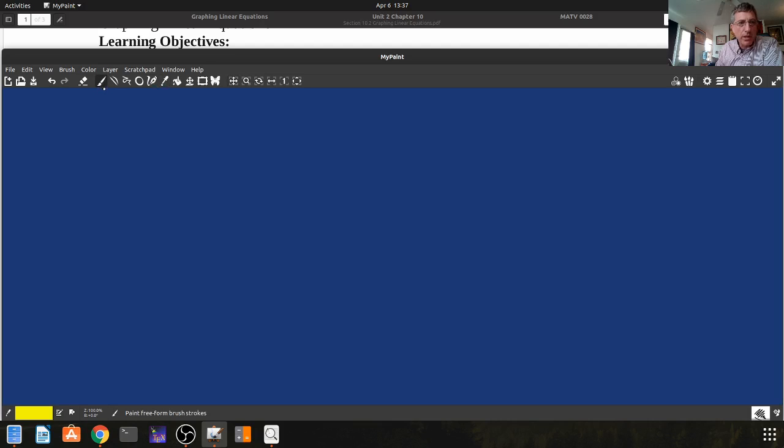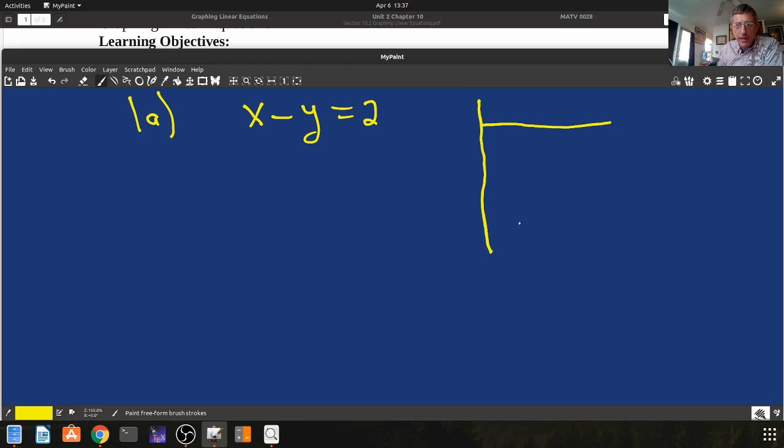And here's what comes into play. So we're going to be doing 1A now. We're going to be given an equation, x minus y is equal to 2, and we're asked to find 3 points that lie on that line.